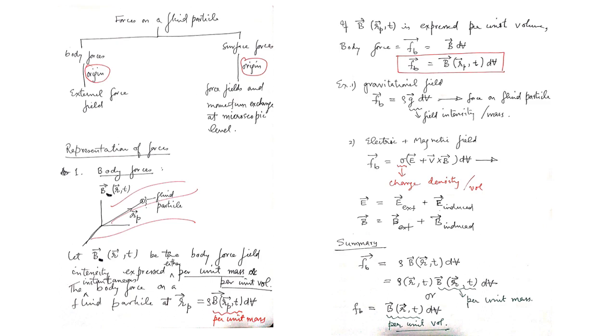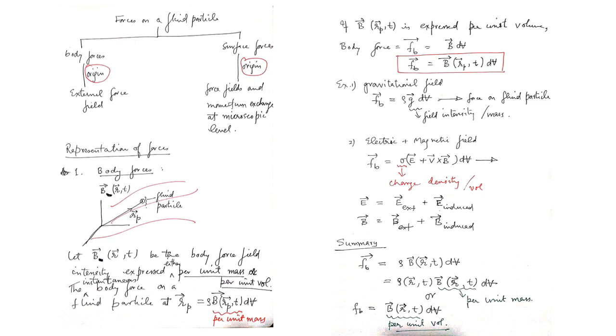So I'll summarize at the end. So the summary is very simple. A body force acting on a particle can be expressed as rho times B, which is the intensity of the body force. This is not to be confused with magnetic field B, okay? This is just a generic representation of the force field in our case. And since I am multiplying by rho, it means that I am considering B per unit mass.